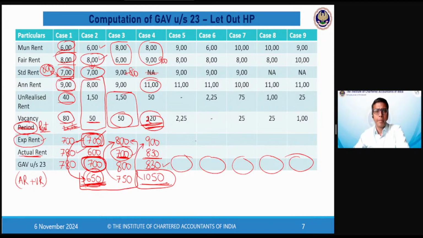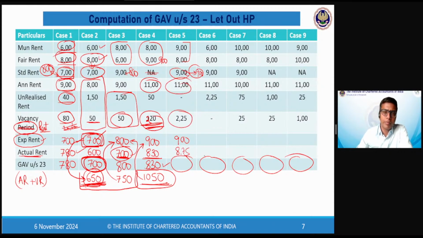So let me take it. So now case number 5, right? Whichever is higher is 900. Now both are same. So ER is 900. This is 1100 minus 225 is 875.